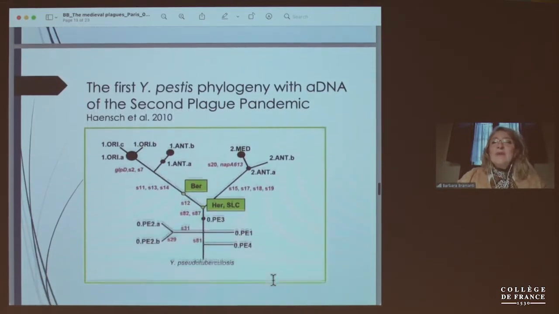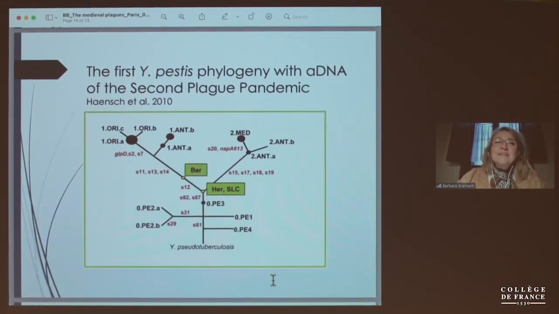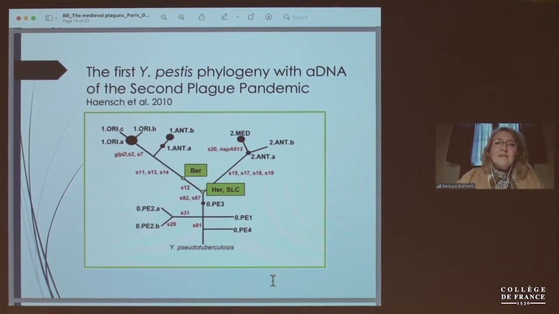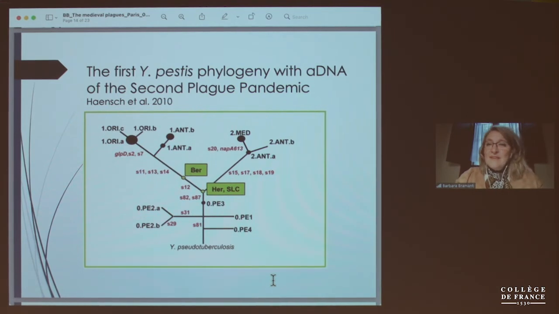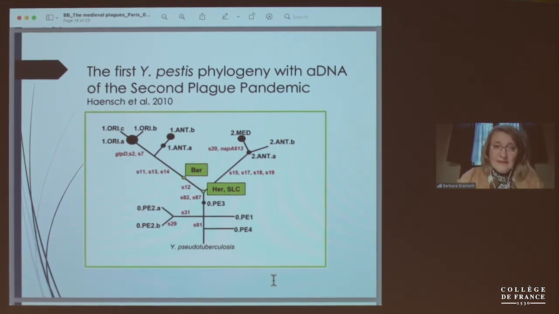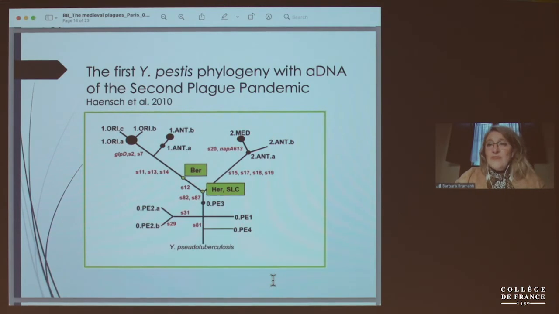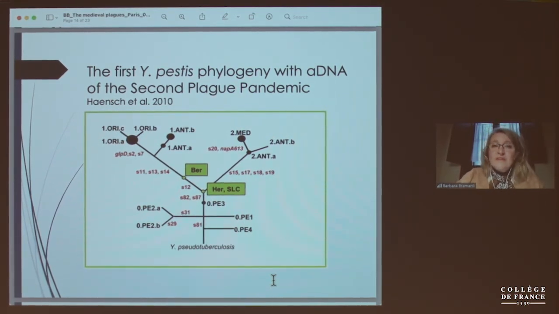So, and now let's consider the phylogeny of Yersinia pestis. Here I can present you the first study that we have carried out in 2010, and it was the first phylogeny with some strains of ancient DNA obtained from victims of the second plague pandemics.